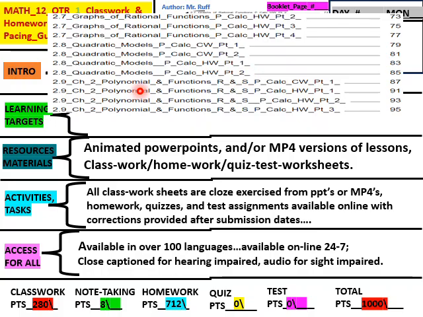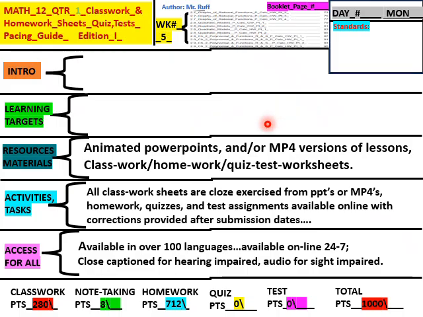And then we go into 2.9, chapter 2, review and summary, classwork part 1. And then chapter 2, review and summary, homework part 1, 2, and 3. So we're finishing up here chapter 2.